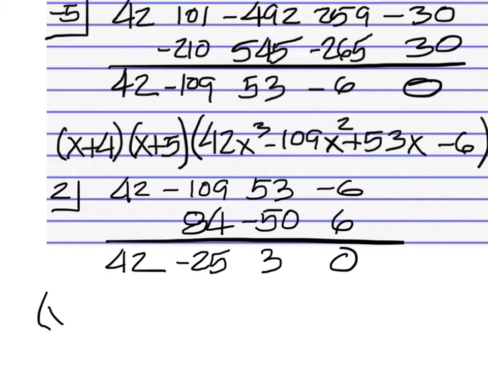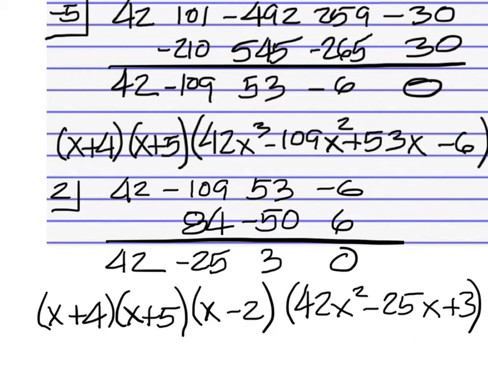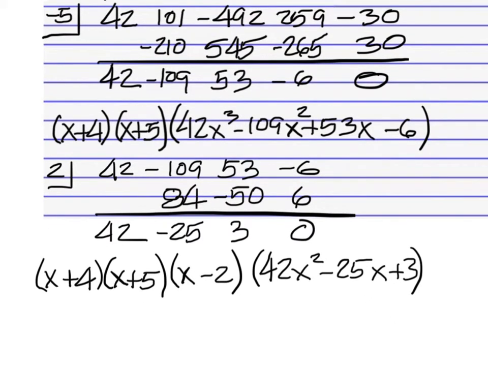From before we had x plus 4, x plus 5, and now we have an x minus 2 because we divided by a positive 2. And what's left is 42x squared minus 25x plus 3. And don't forget, all of these are equal to 0. You have to factor out this quantity.